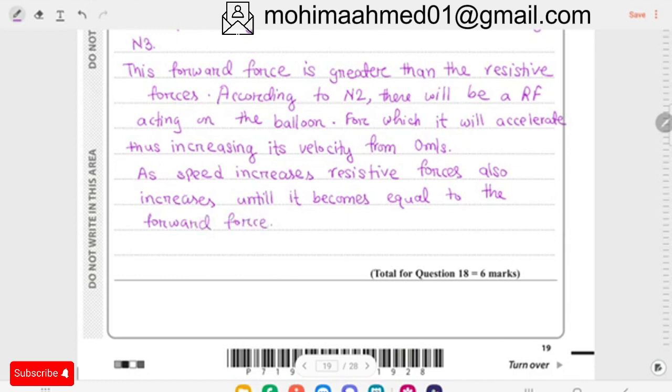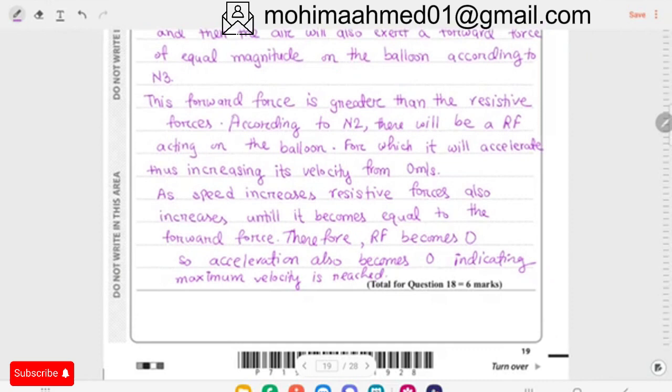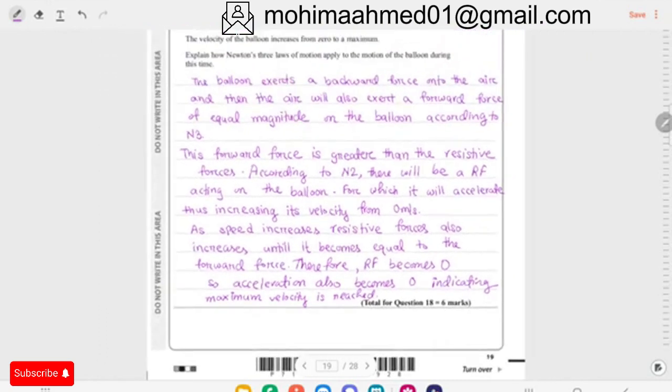At this point resultant force becomes zero, so acceleration also becomes zero, indicating maximum velocity is reached.